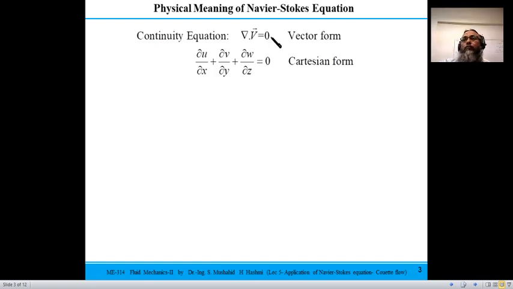So it means there is no source term or even no sink term. And we know, while deriving this equation, what assumptions we have taken. If you recall, one of the assumptions was that density is constant, and we call it incompressible fluid flow.